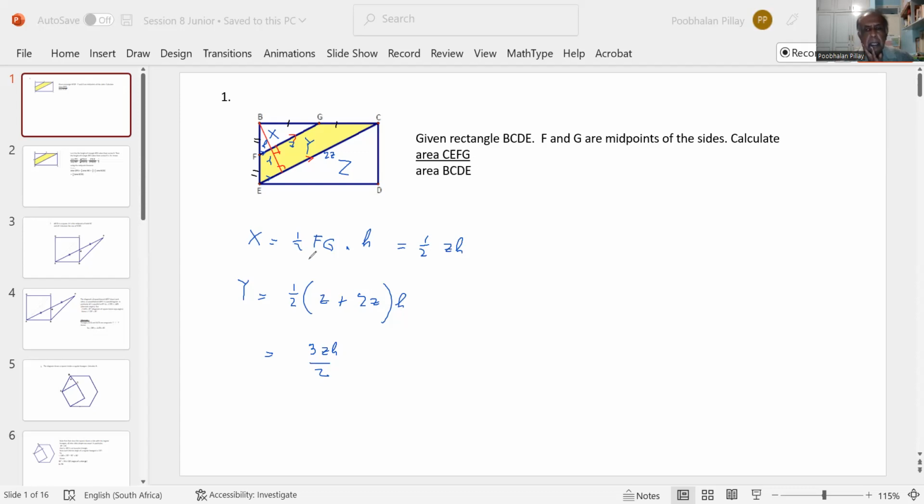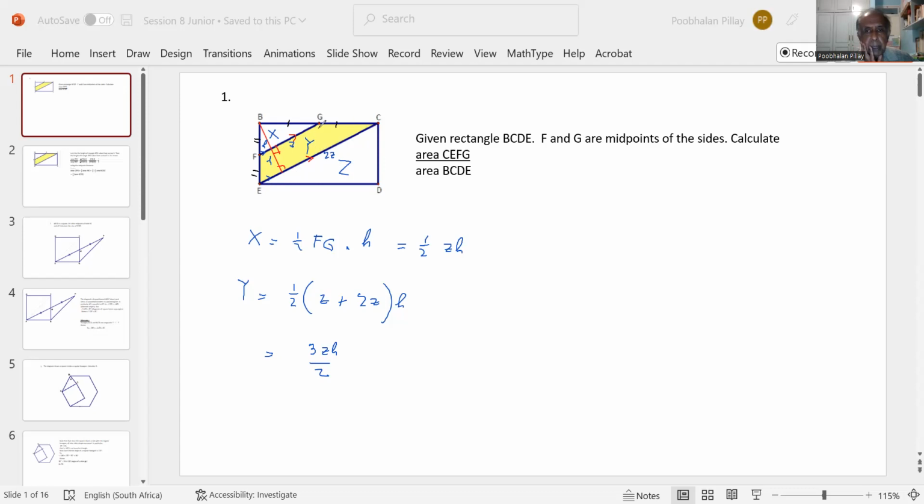BCDE. Now, remember, this is a diagonal for the rectangle. And we said earlier on that a diagonal of a parallelogram divides the parallelogram into two congruent triangles, right? So that means this white triangle is congruent to the other part. So they have the same area.